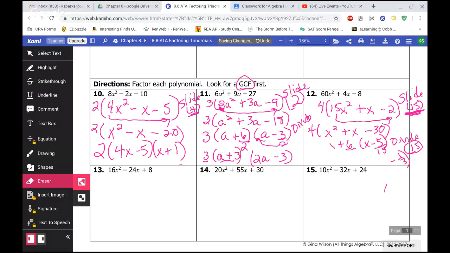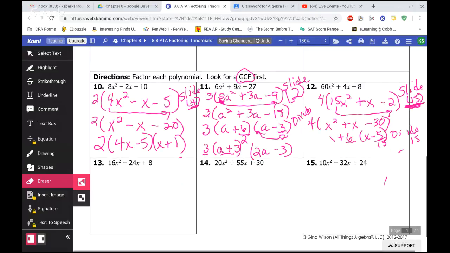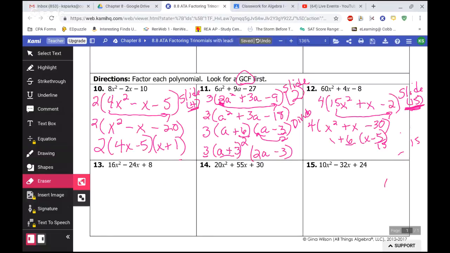The hardest one. I don't know which one that is. Bailey, do you have a preference? I started 13 and I'm kind of having trouble with it, so maybe 13. Okay. All right. That's what I'll do.